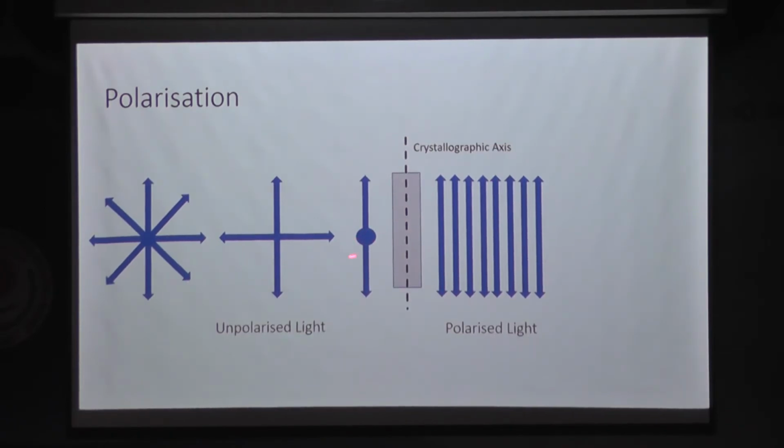This particular object will not allow these dots, meaning horizontally placed unpolarized lights. They will always be propagating parallel to the crystallographic axis. So all the lights which are parallel to this are propagating, but not this. You could see this.